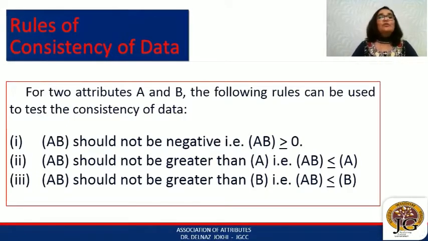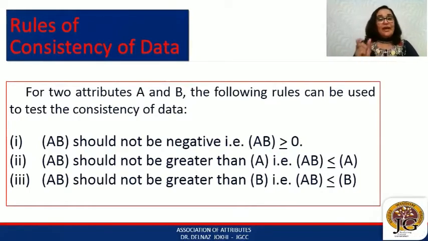And the following rules have to be satisfied if you want to test कि भाई डेटा कंसिस्टेंट है कि नहीं है. What is rule number 1? Rule number 1 says (AB) should not be negative. अब कोई नंबर नेगेटिव कब होगा, कब नहीं होगा राधर, जब या तो वो नंबर 0 होगा या 0 से बड़ा होगा, माने the number will be greater than or equal to 0.